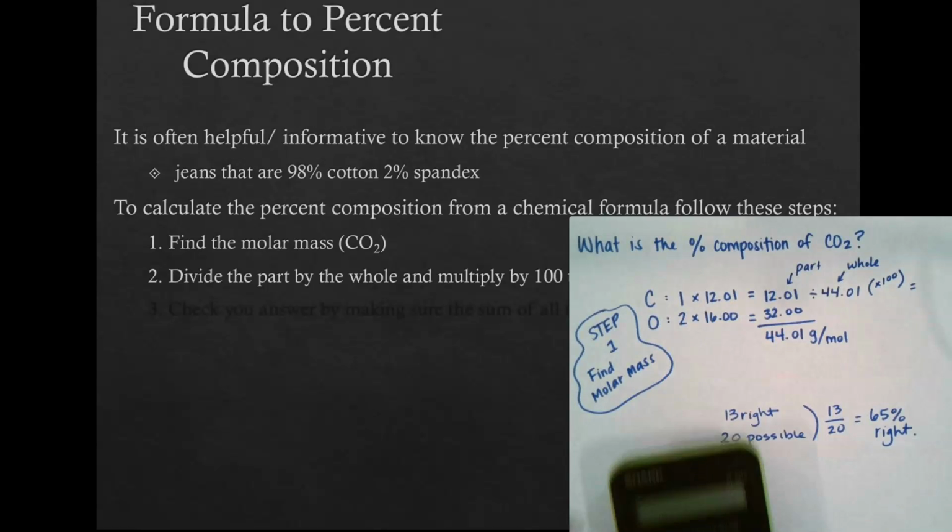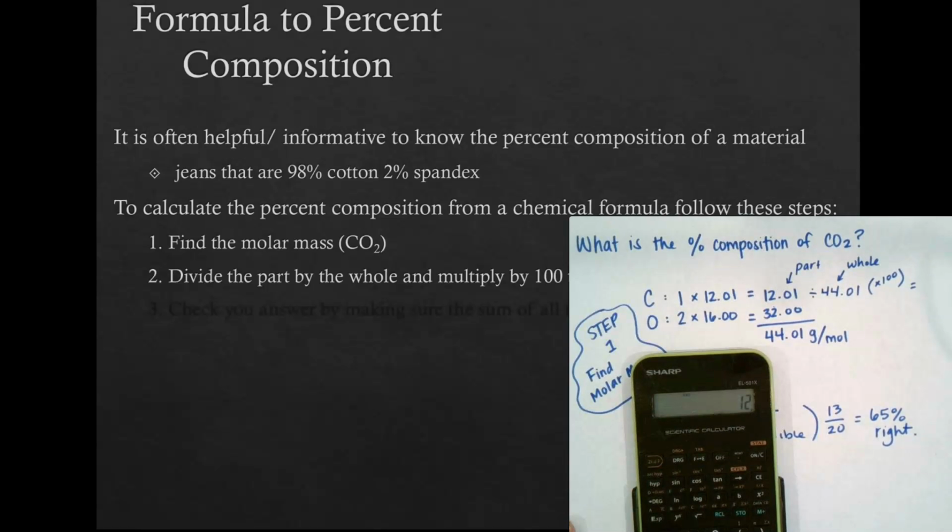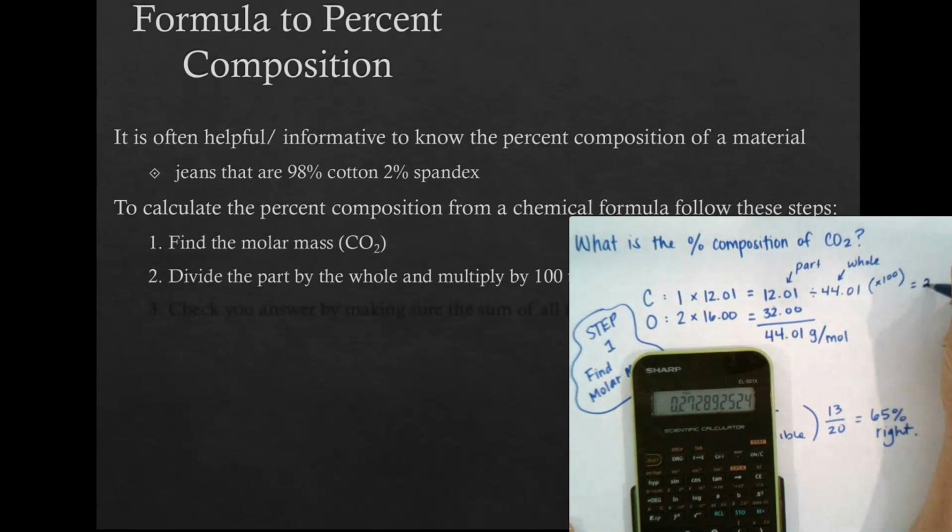And so what I'm going to plug in here is 12.01 divided by 44.01, and we're going to get 0.2728. Now, you guys know that you can probably multiply that by 100 in your own head, but we would get 27%. Remember, that's already 2 decimal places, so we don't do decimal places on percentages.